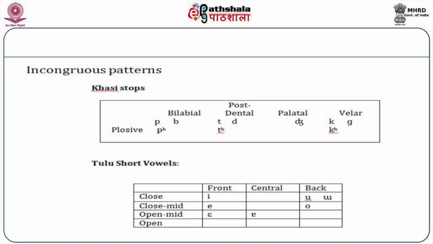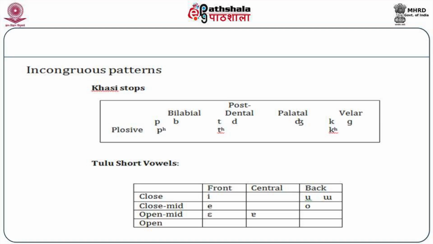So you would look for other plosives in the data, but you will not find it, and then you will conclude that Khasi has an asymmetrical pattern. And it's the same way with short vowels in Tulu, for example. Look at the chart of the vowels given here. You have one front close vowel and 2 back close vowels.